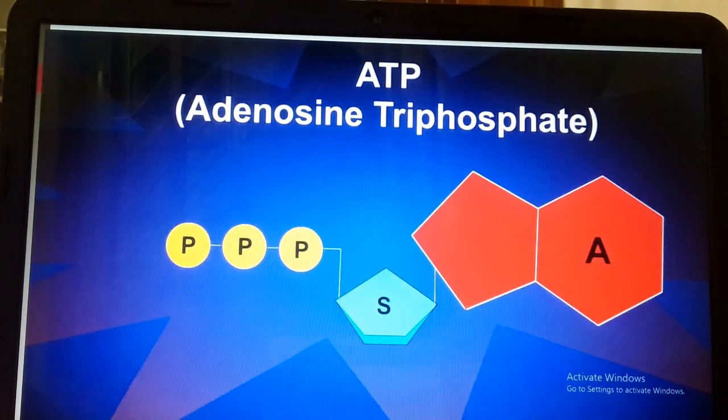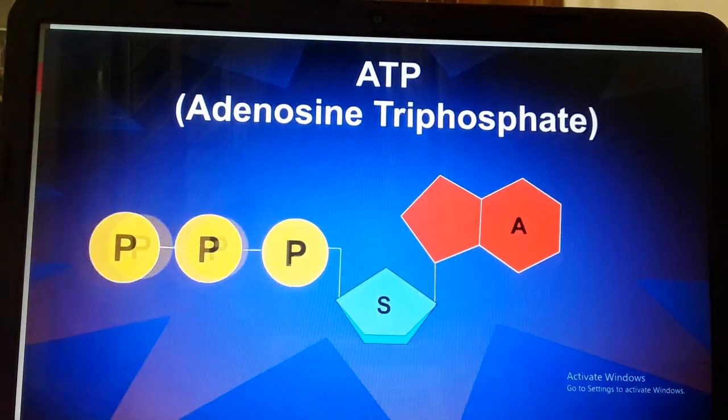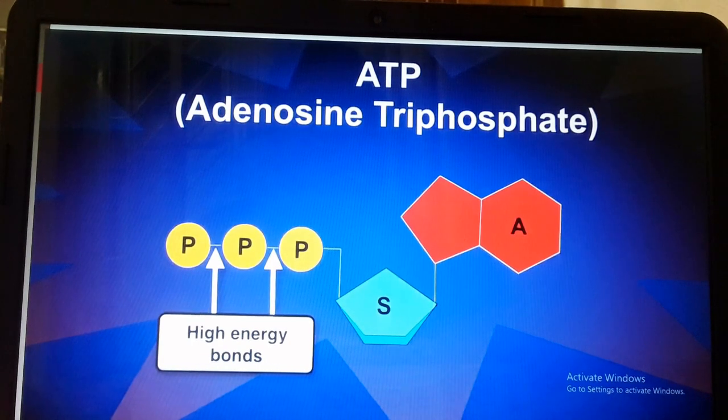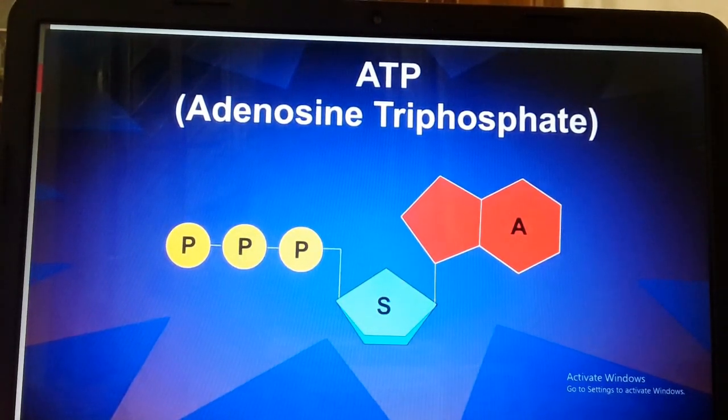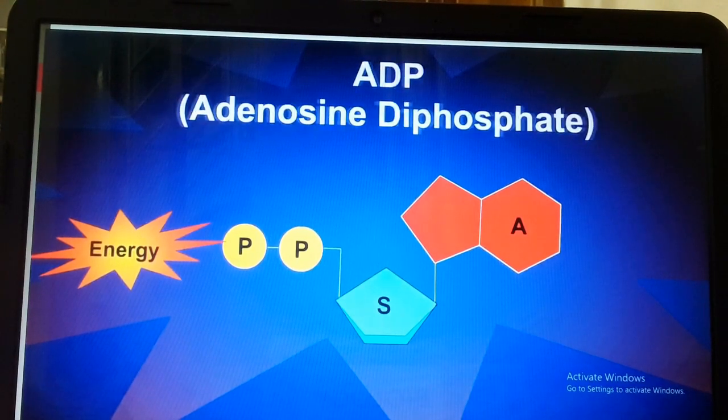First, adenine, the nitrogenous base, pentose sugar, and 3 phosphates. This means these phosphate bonds are high energy bonds. If it's broken, we will get enormous energy. That energy we are utilizing here.